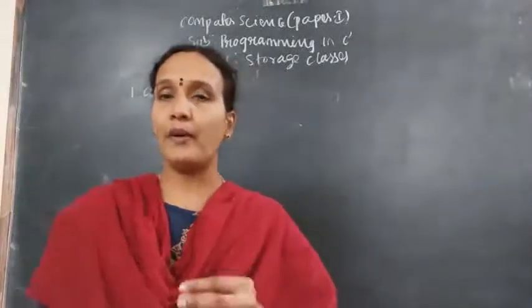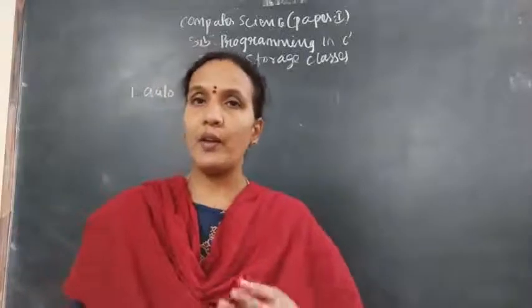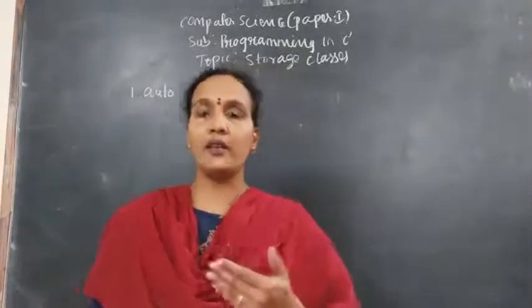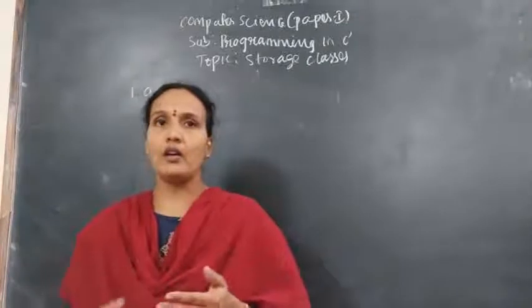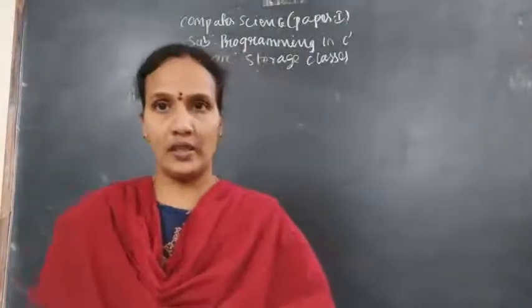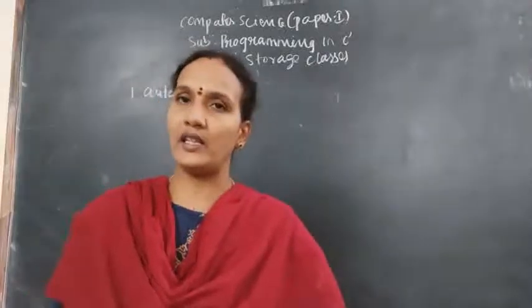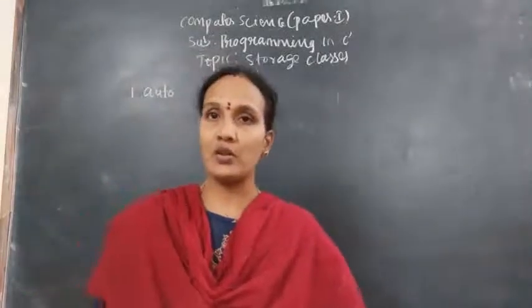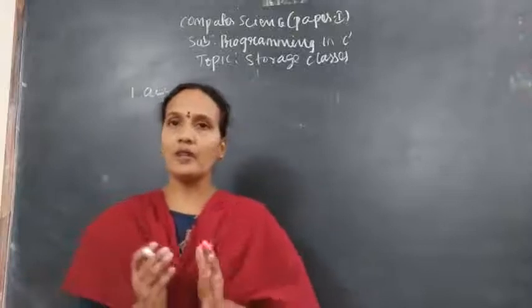And where do we declare this variable? Mostly inside a function. In that function, if you have declared any variable without any storage class, that is called an auto storage. What is the auto storage? Auto storage is nothing but the automatic.